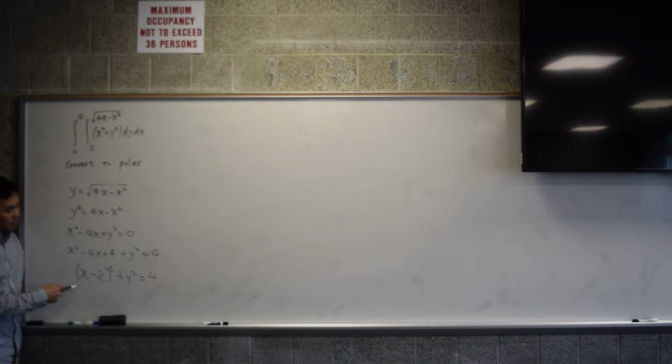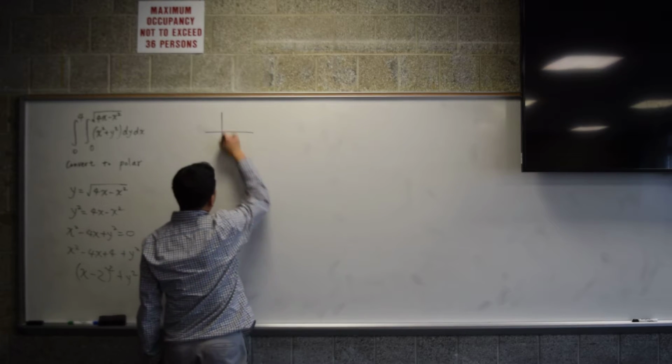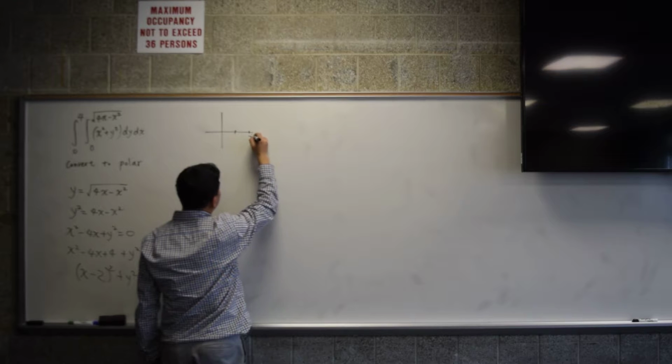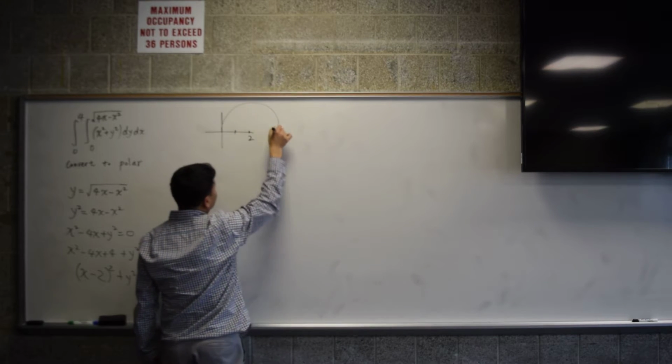And this means it's a circle of radius 2, centered at 2 comma 0, positive 2 comma 0. So this is the circle.